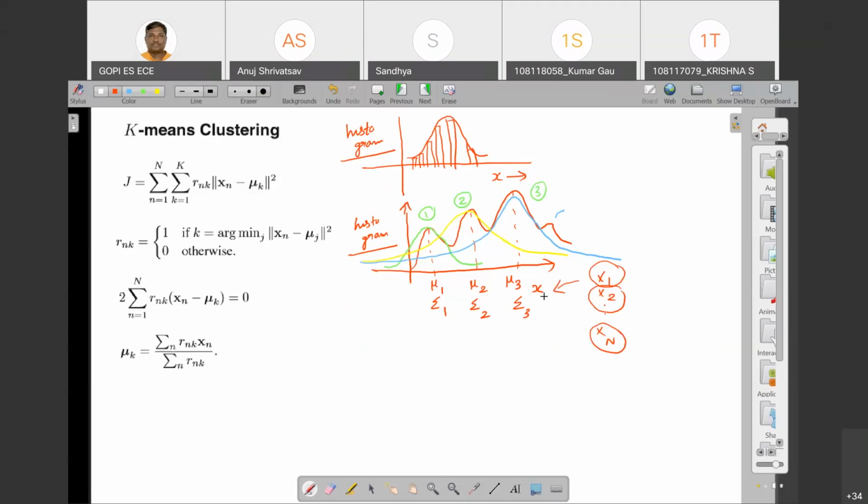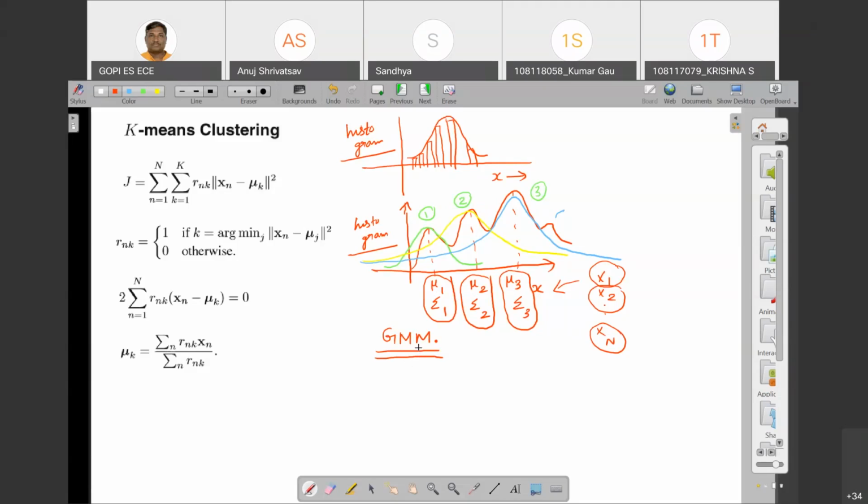Modeling means I am interested in knowing what my mu1 sigma 1, mu2 sigma 2, and mu3 sigma 3 are in this case. That is exactly what we call the Gaussian mixture model.